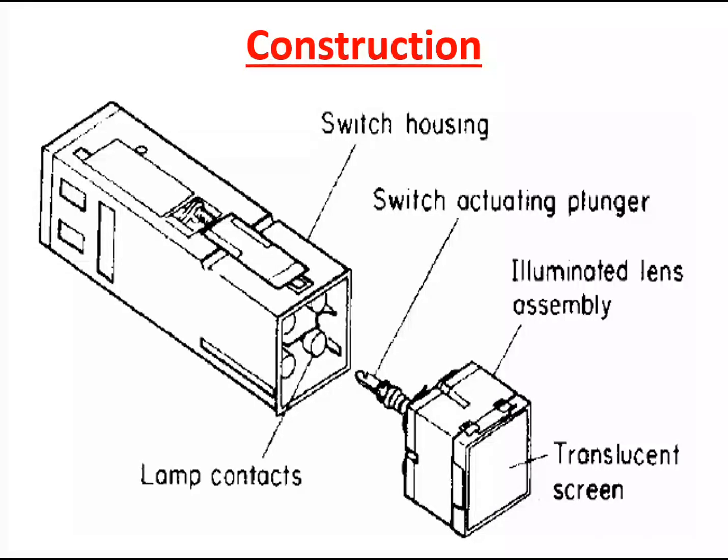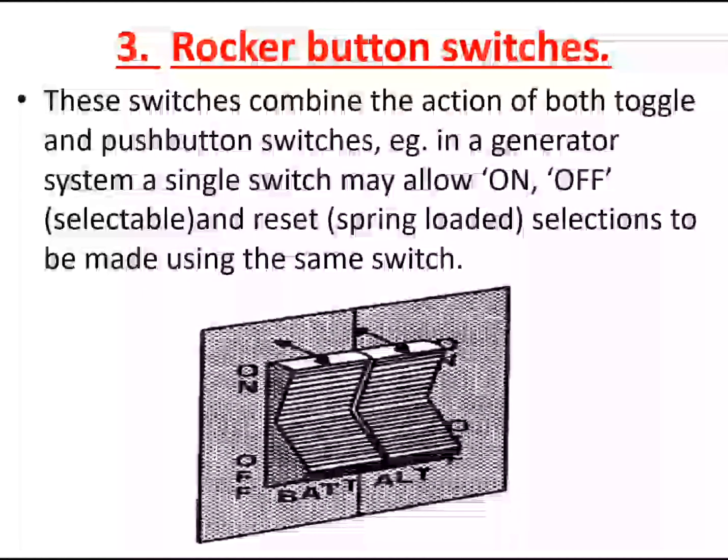So we have the switch housing, switch actuating and illuminated lens assembly, transit scheme, and lamp contactors. You can find these on the dash of an aircraft. And rocker pattern switches.